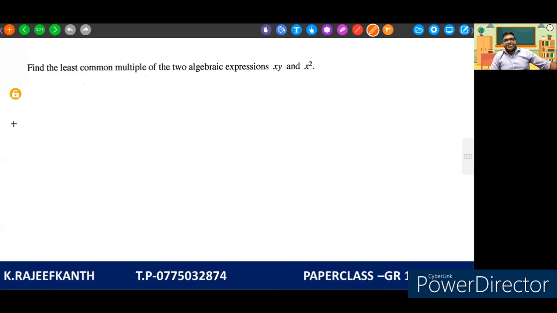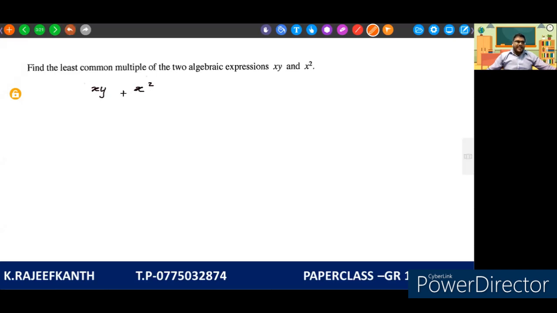Find the least common multiple, that means LCM, of the two algebraic expressions x y and x squared. Right. Here x y and x squared.